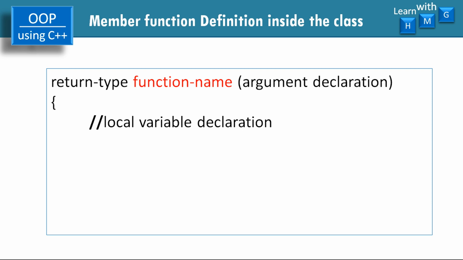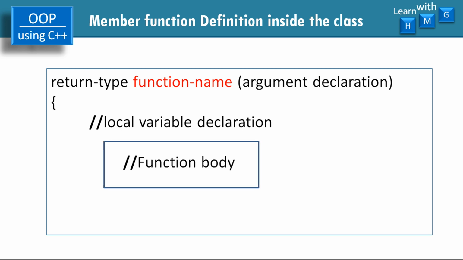Here you write the code to perform the specific operation assigned to that function, and then return a value in the form of a variable or constant if the function returns any value, or if the function is a void function, there will be no return statement. So this is the syntax of the member function definition inside the class having arguments.